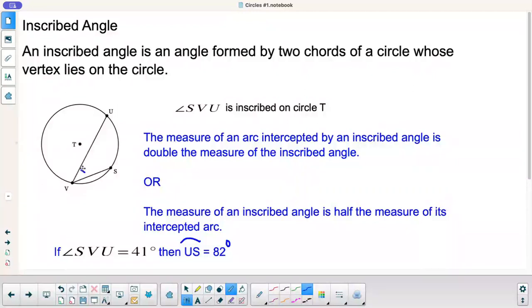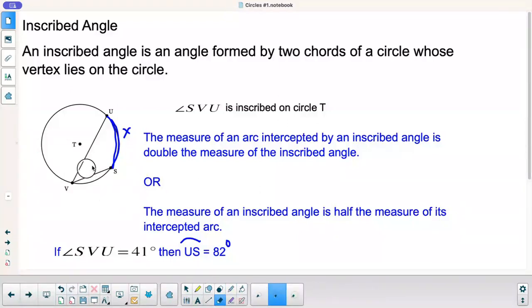So if this angle here is X, then this arc US is 2X. Or you could say the measure of the inscribed angle is half of its intercepted arc. So on the other end, if the arc is X, then angle SVU is X over 2. Either way, it just depends on which one you're given.